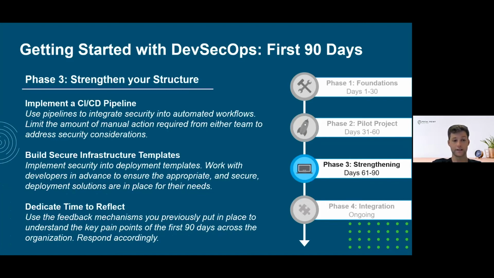So as we're in phase 3, we're strengthening what we've already put in place. We'll implement a CI/CD pipeline. Realistically, your organization is probably already using a CI/CD pipeline within your application teams, and more likely the focus here is going to be integrating security into those CI/CD pipelines. And so again, we already talked about this a little bit, but making sure that as you integrate security, it's done so very carefully to ensure that you're not just overwhelming your development team with a plethora of different application vulnerabilities that your security team is saying you have to resolve all of these.